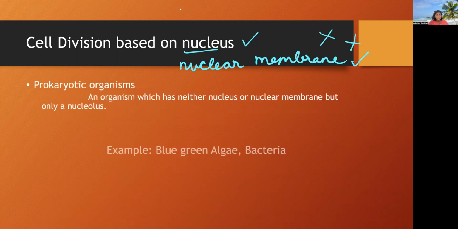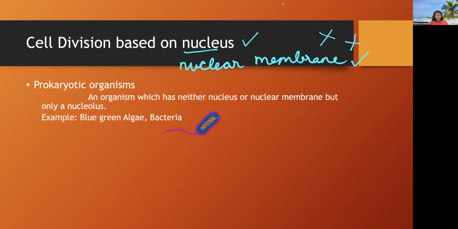So, based on whether there is the nucleus, there are prokaryotic organisms and eukaryotic organisms. Organisms which have neither the nucleus nor the nuclear membrane, they have only a structure called nucleolus. These organisms are called prokaryotic organisms. So some examples include blue-green algae and bacteria.